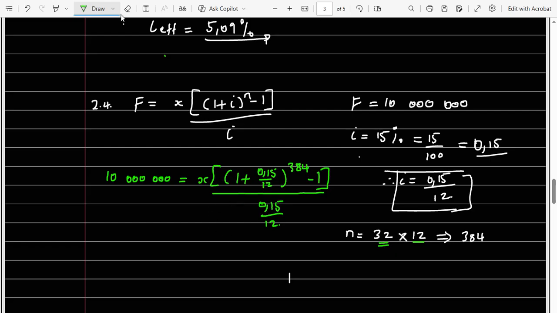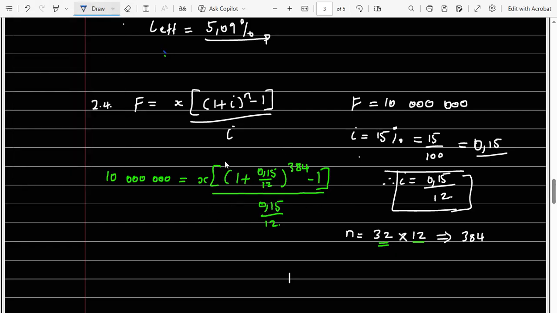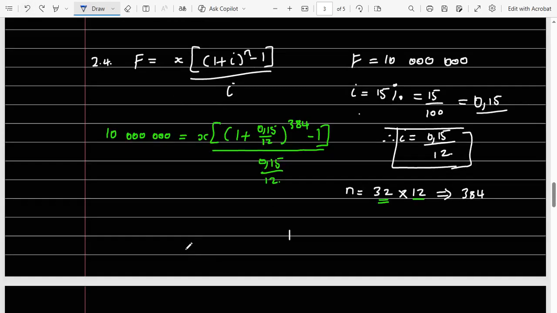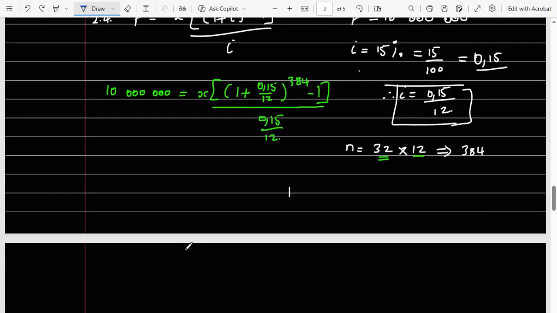So you know what I'm going to do? You see this part of the equation. I'm going to punch this part on the calculator and see what I get. Let me make this easy for you to understand. I want to teach you something that my math teacher used to do.